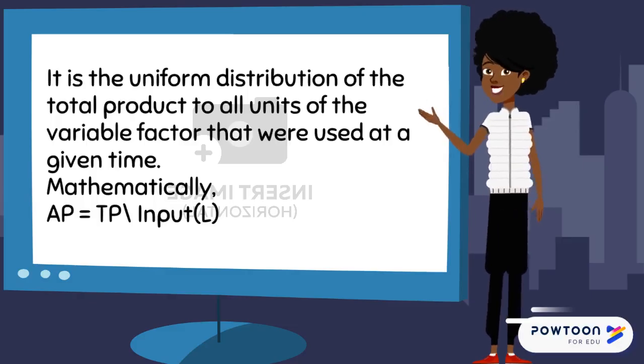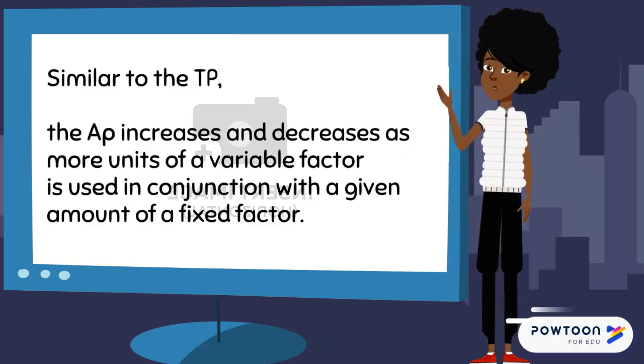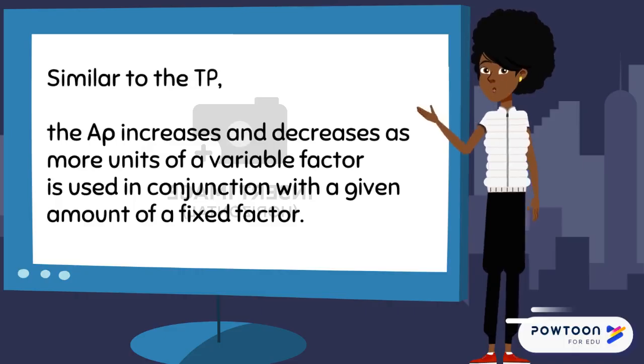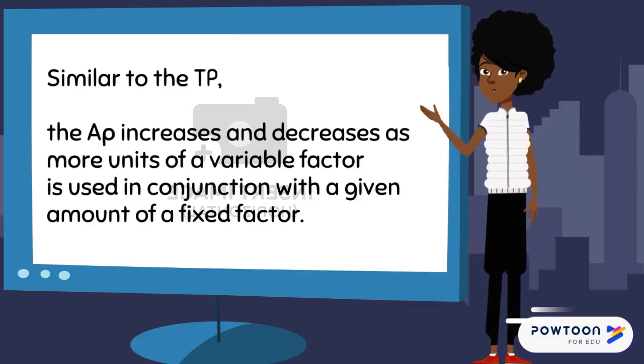Mathematically, AP equals TP over input. Similar to the total product, the average product increases and decreases as more units of a variable factor are used in conjunction with a given amount of a fixed factor.